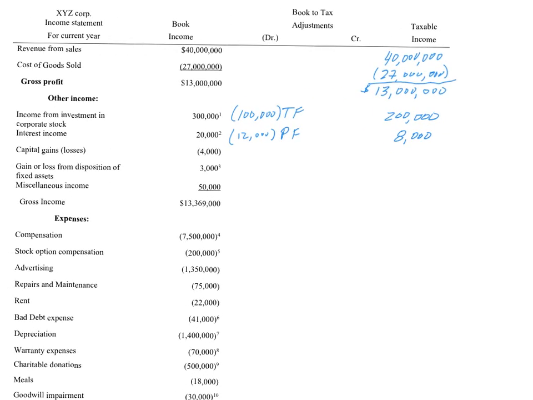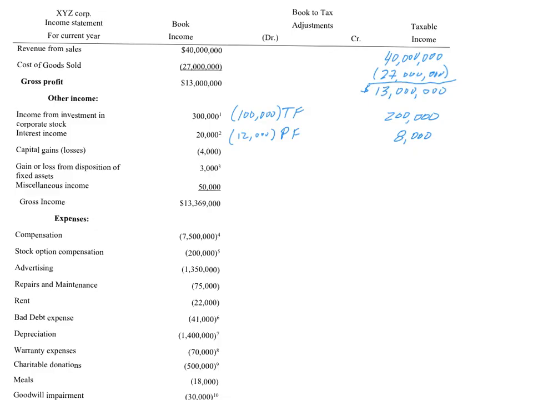All right, so now let's talk about capital losses. And capital losses don't have a number beside them, so you don't have to look at the notes, but there are things we have to remember about capital losses. So for book purposes, corporations can deduct a capital loss. But what do we know about capital losses from a corporate perspective as far as taxes are concerned?